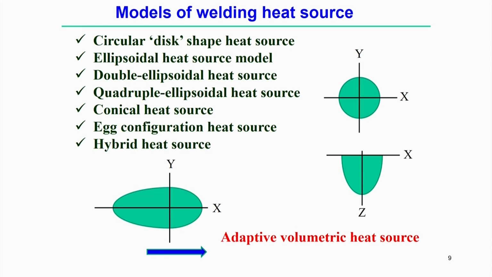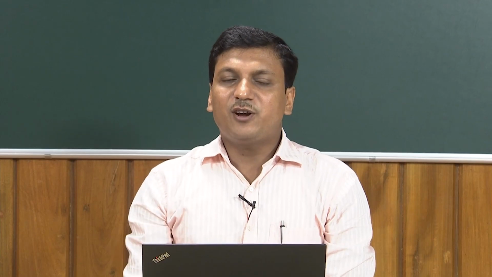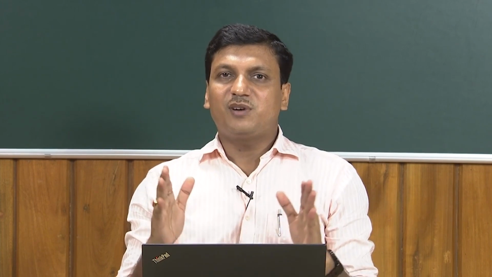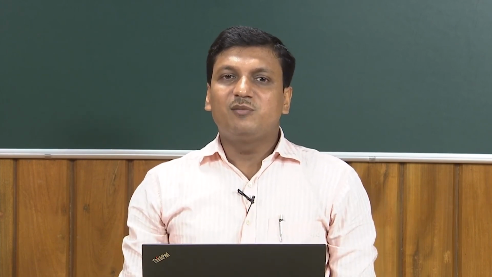With respect to the y axis, the front side is one ellipsoid and the back side is another ellipsoid, such that exactly one parameter is the same in this case, and we can merge the two ellipsoids to create the double ellipsoidal heat source model.